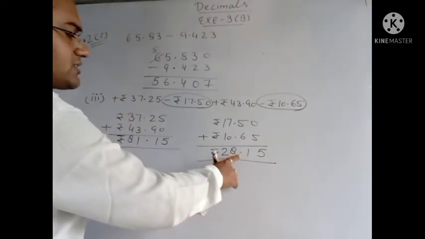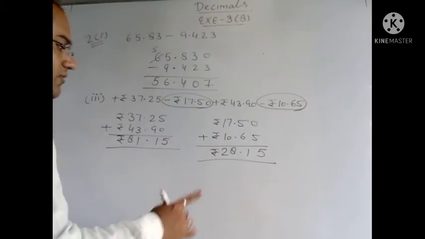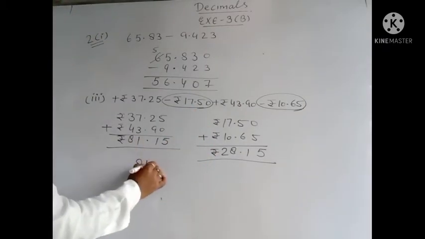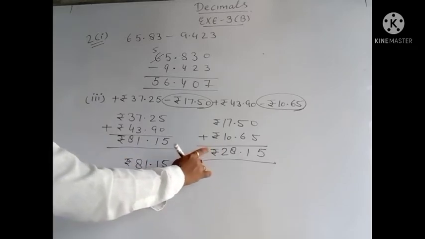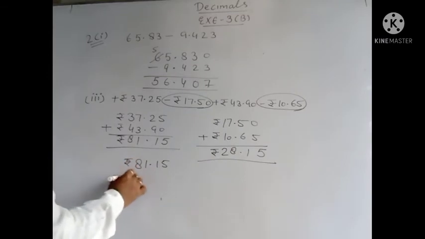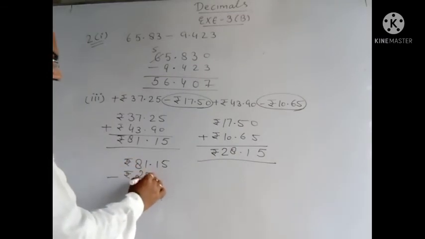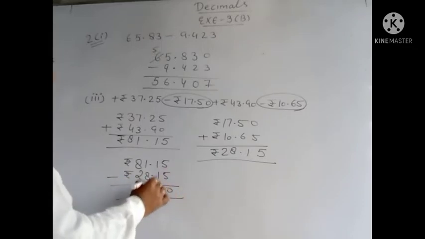Now this is the answer of these two numbers which are having the minus sign. So what we will do, from this answer we have to subtract the answer of the negative numbers. So minus 28.15.